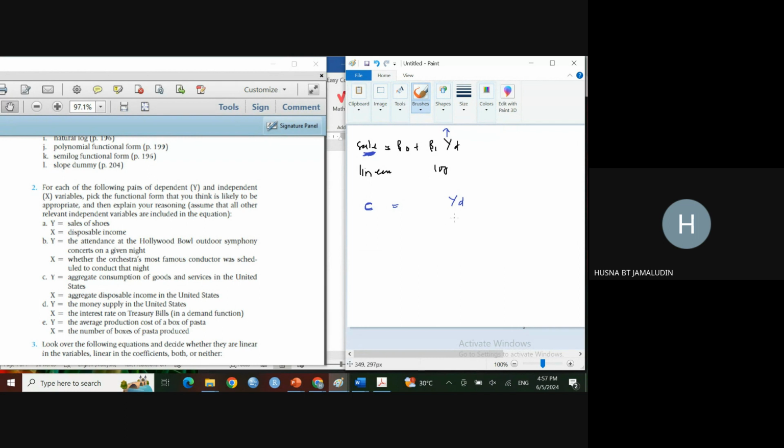When your income is increased at the increasing rate, your consumption will increase but at a decreasing rate. But for this income and sale, when your income is increased, the producer will augment, will increase it. So this is like an increase at the increasing rate. Can you see that?